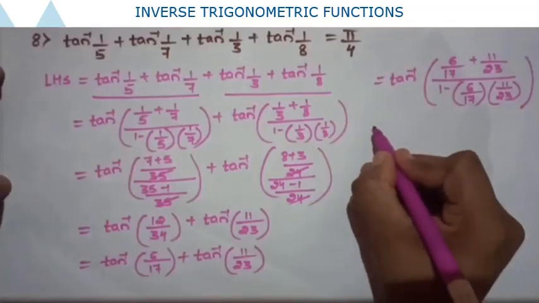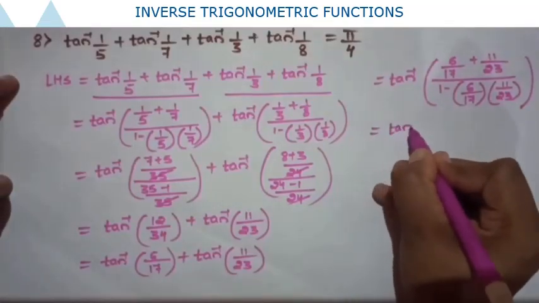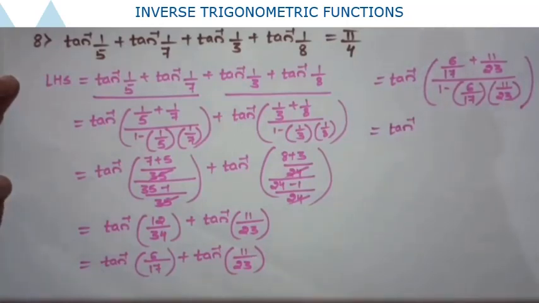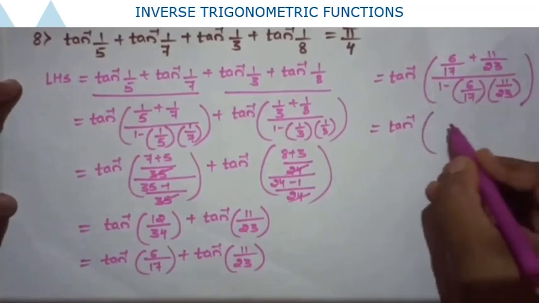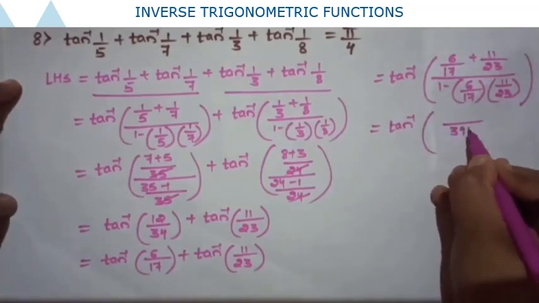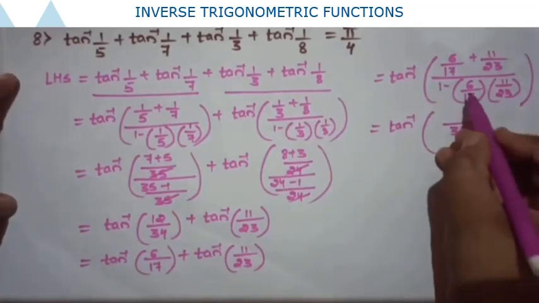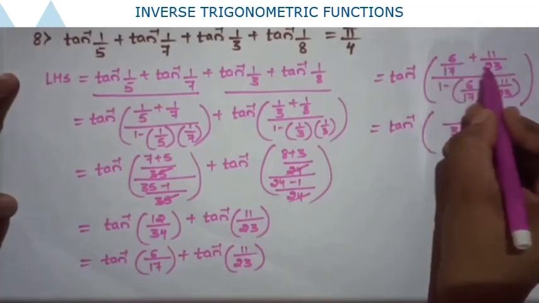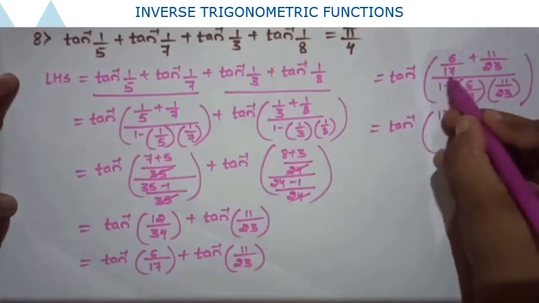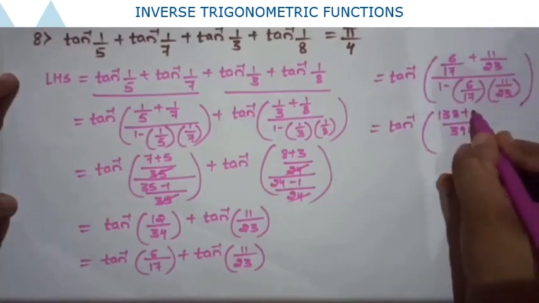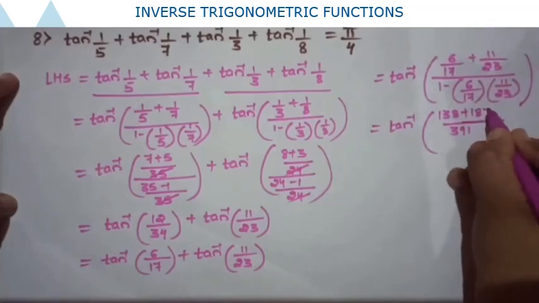Next, simplify this one. What are we getting? Tan inverse of, numerator LCM. What is the numerator LCM? 17 into 23, so the LCM becomes 391. Here 23 into 6 gives 138, plus 17 into 11, that is 187.